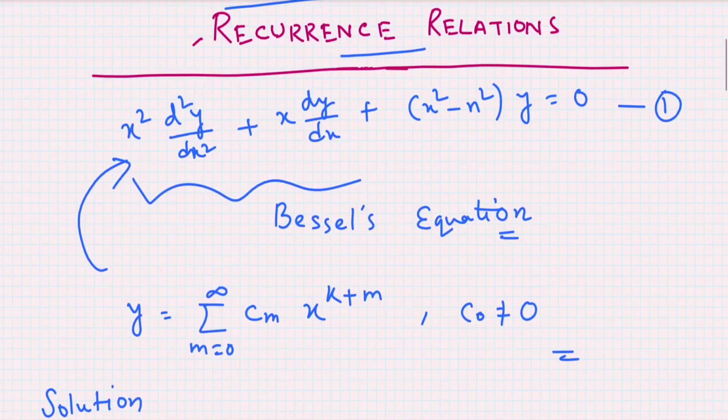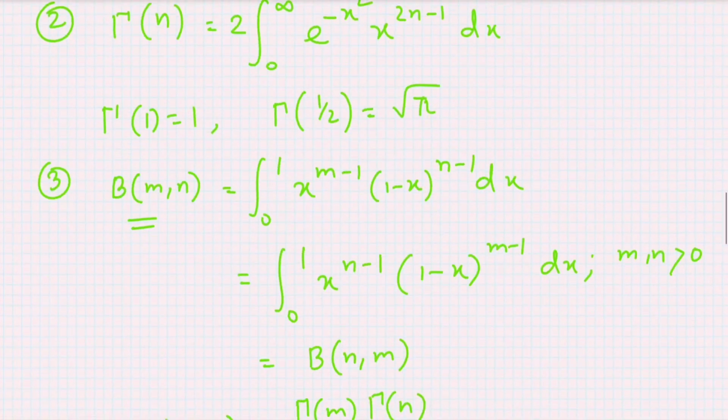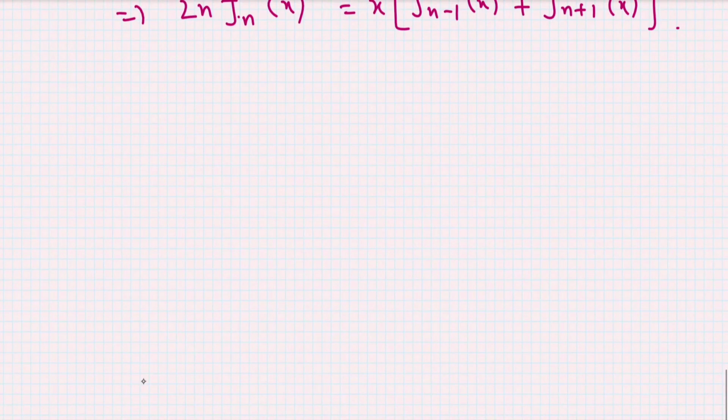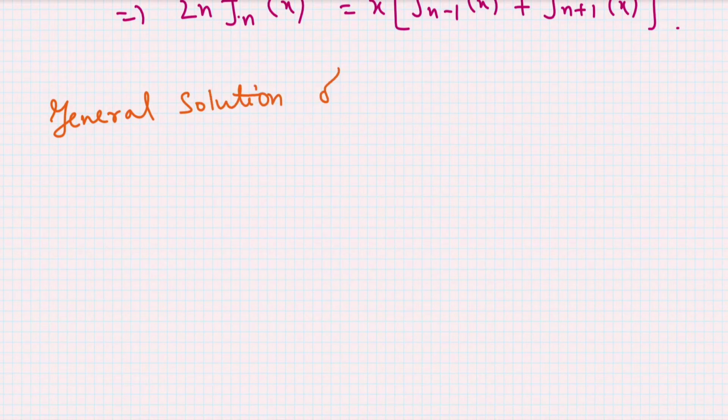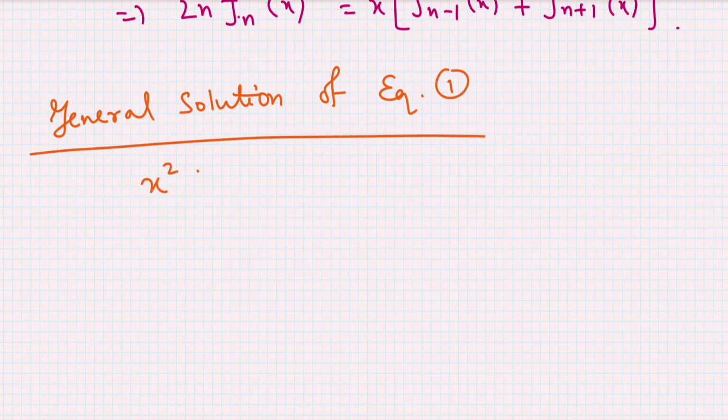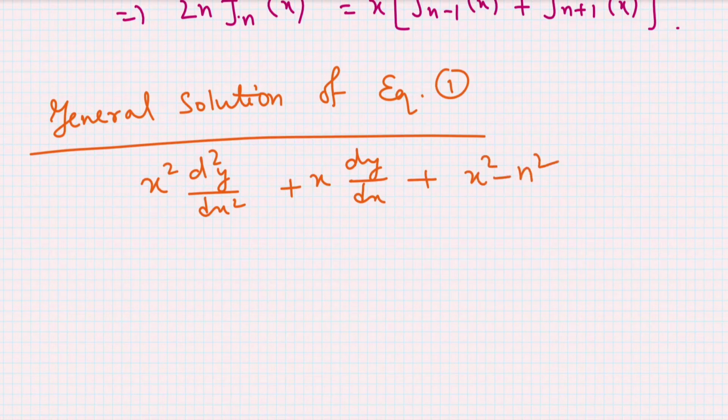So the solution of this differential equation. So the general solution of the differential equation 1, that is x square d2y/dx2 plus x dy/dx plus x square minus n square into y, this is equal to 0.